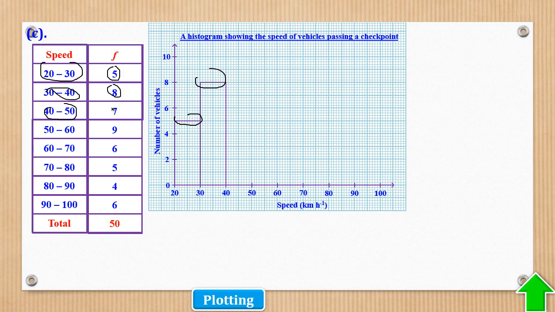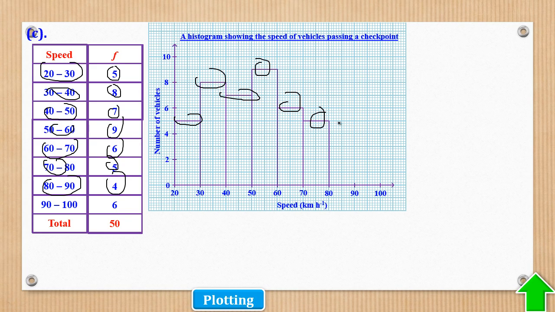From 40 to 50 correspond to a frequency of 7. 50 to 60 correspond to a frequency of 9. 60 to 70 correspond to a frequency of 6. 70 to 80 correspond to a frequency of 5. 80 to 90 correspond to a frequency of 4. Then 90 to 100 correspond to a frequency of 6.